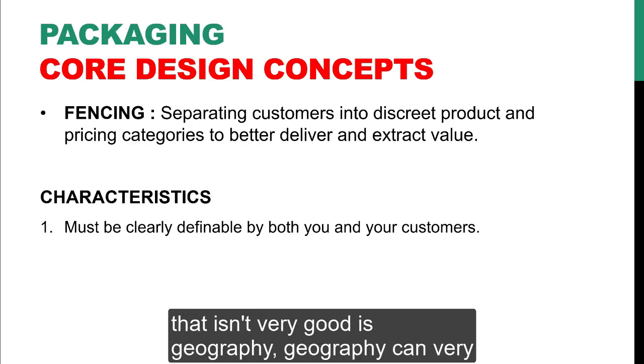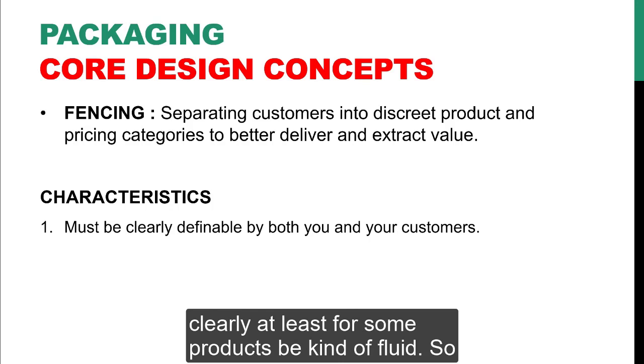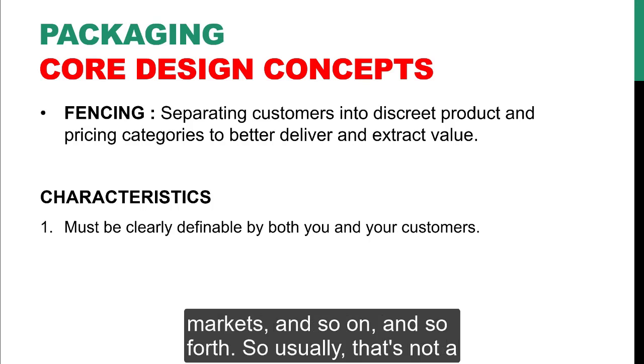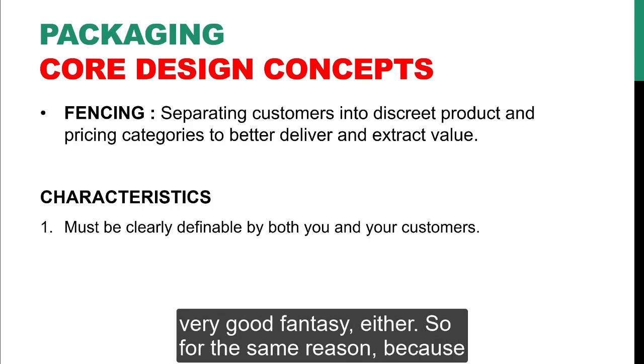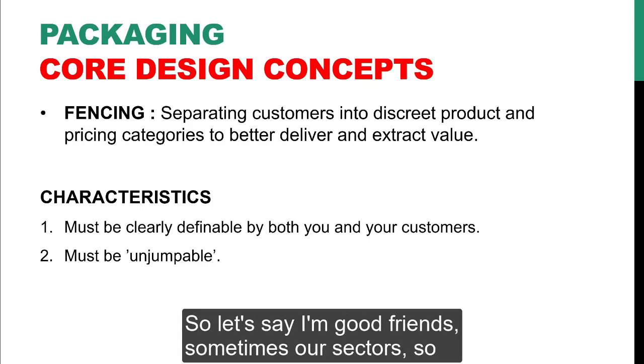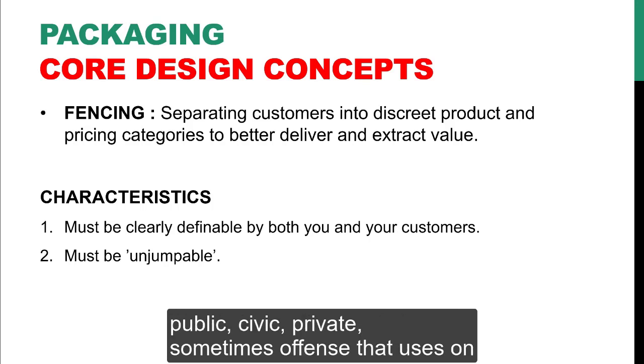Another that isn't very good is geography. Geography can, at least for some products, be quite fluid, such as where a business is based today if they serve global markets. So usually that's not a very good fence either, because it isn't clearly definable and is often jumpable. Good fences are sometimes sectors, such as public, civic, and private.